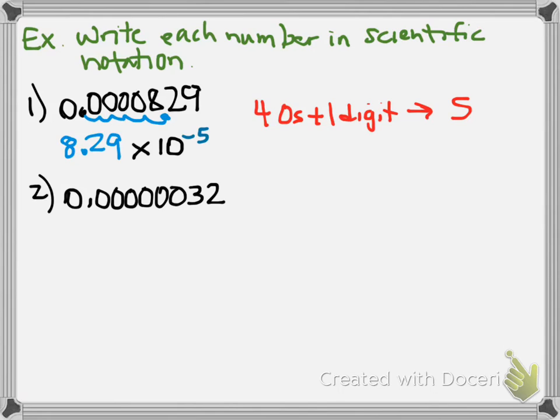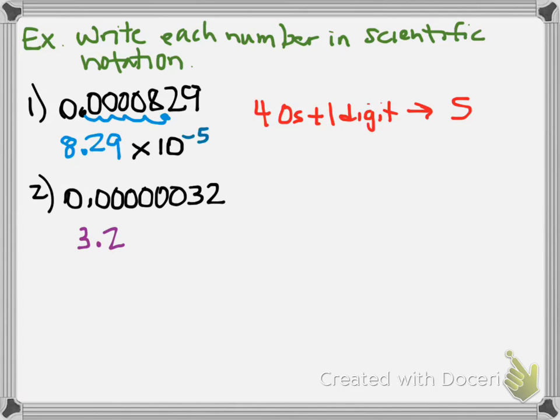What is going to be the decimal value that I get from this one? Remember, my number has to be between 1 and 10. 0.032 is not between 1 and 10. It's actually less than 1. So try again. There you go. 3.2.